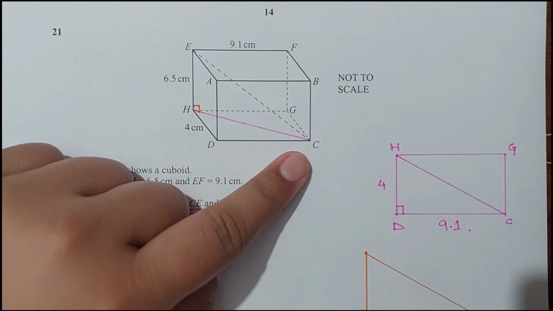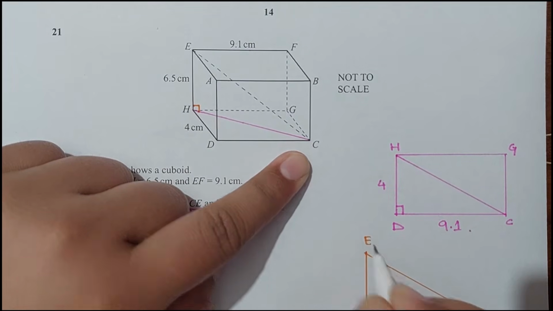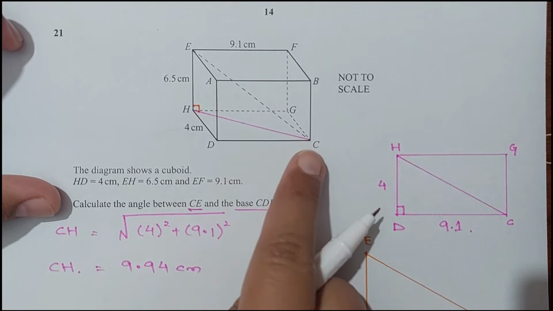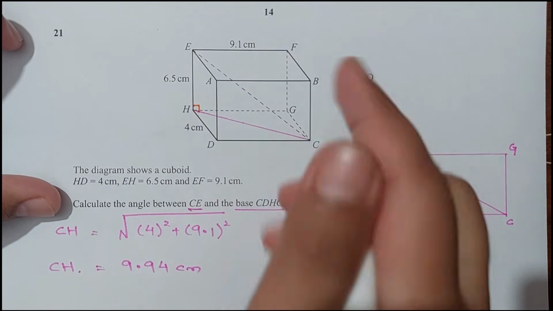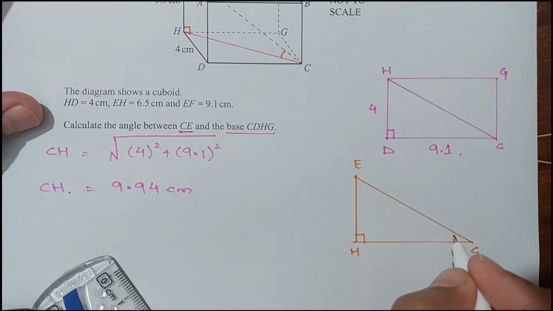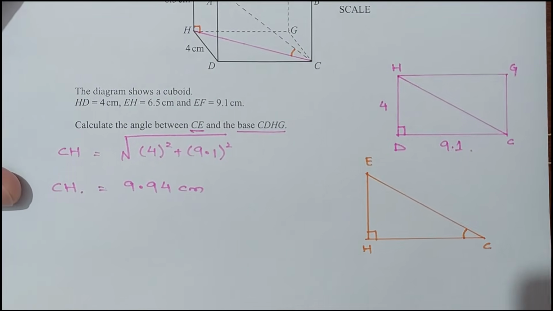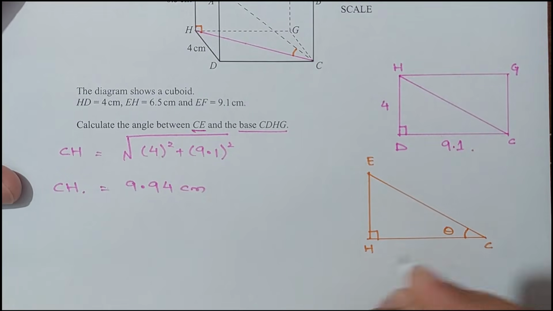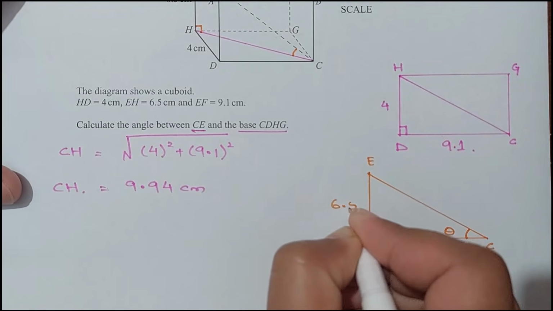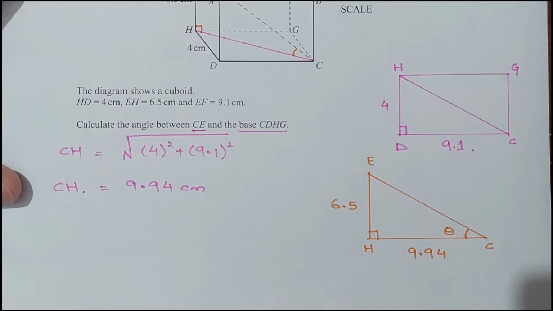This is C, H is at the right angle, and we have E. We have to find the angle CE makes with the base. Let's say this angle is theta. We have CH, which is 9.94, and EH, which is 6.5.